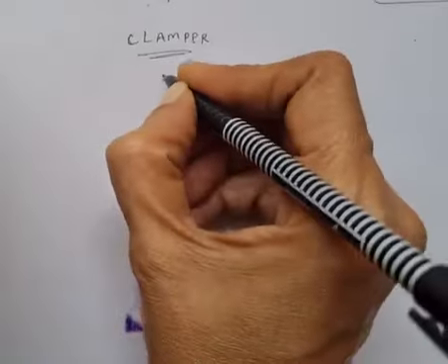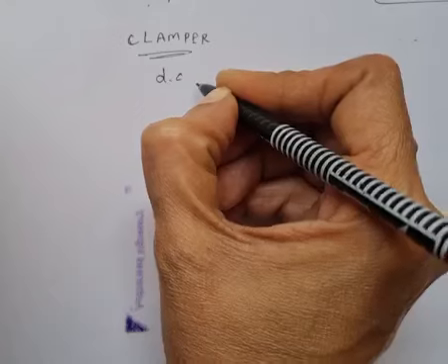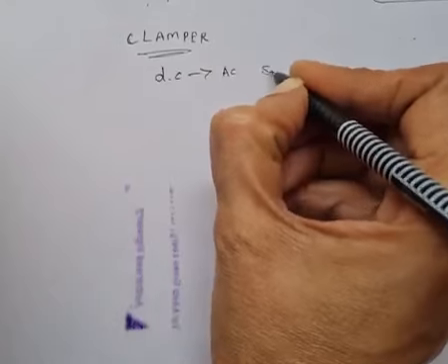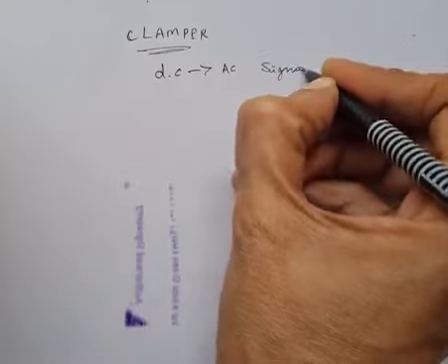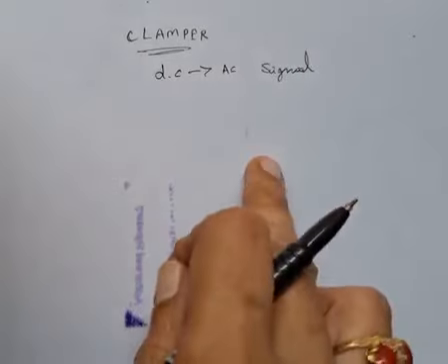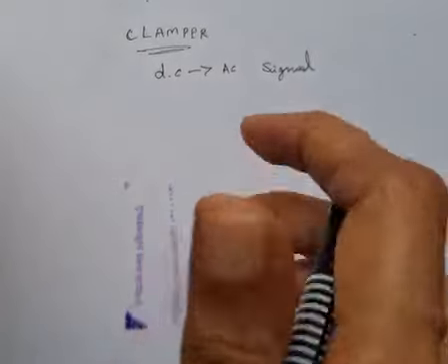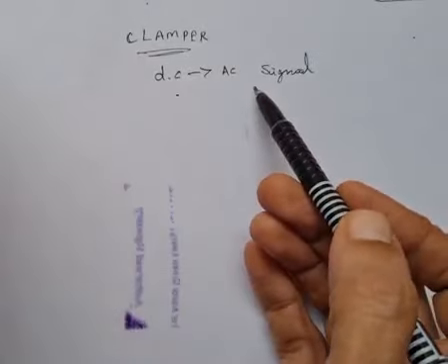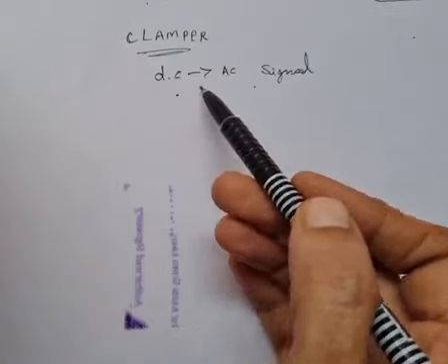Mainly a clamper is a circuit which shifts signals to a different DC level, introducing a DC level to an AC signal. In some conditions we want to introduce some DC signals to AC signals.